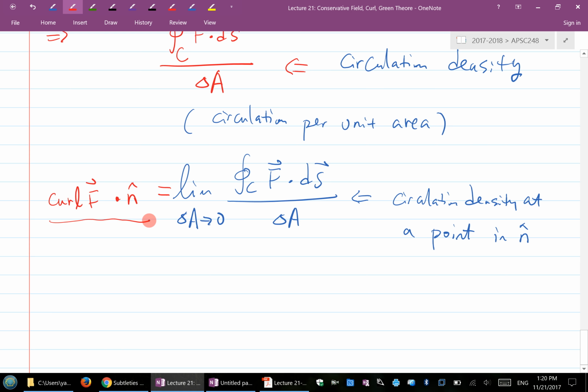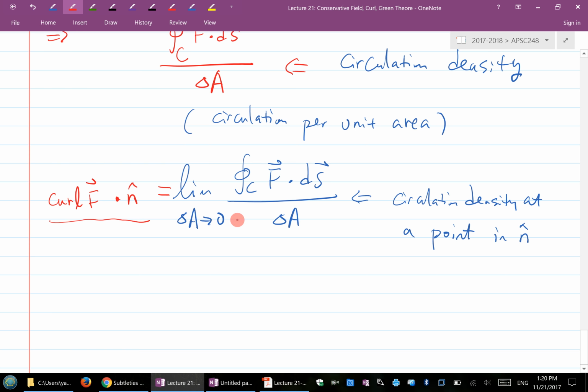Is that good? So for the rest of the work, let's look at this expression a little bit again, and look at the meaning of the kernel. If the circulation density is equal to 0, guess what's going to happen if you put a paddle wheel at that location? Will it rotate? No, right? So the circulation density is a quantity that tells us the rotational information at that point in a certain direction, the n hat direction.